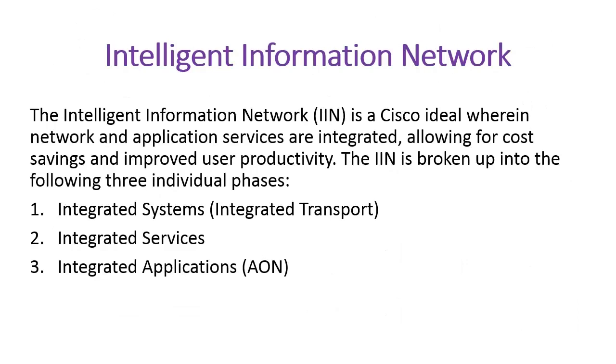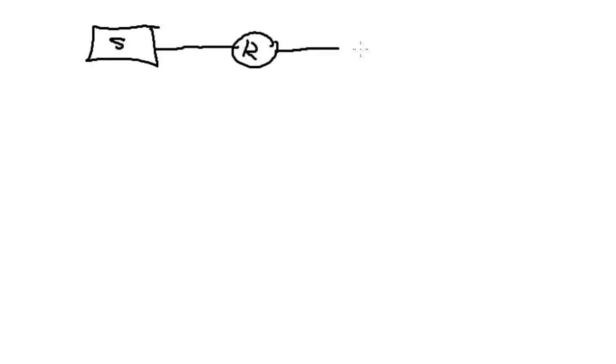The Intelligent Information Network concept is one of the methodologies core to Cisco networking. Now, the concept behind IIN is that a network design should make information available when it's needed by the business processes. One way to look at this is, if I were to ask you to draw out your network, what would you do? What would you start with? Now, many of us would begin drawing out switches and routers and other hardware devices.